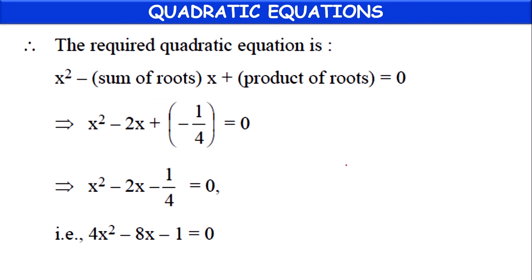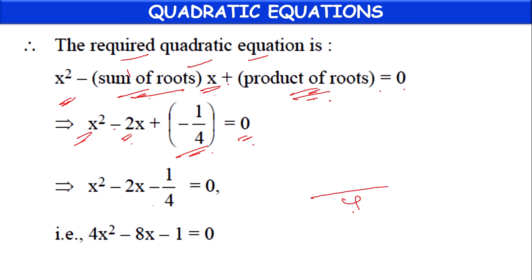Now the required quadratic equation is x square minus sum of the roots into x plus product of the roots equal to 0. X square minus, in the sum of the roots place we have to keep 2, in the product of roots place we have to keep minus 1 by 4, which is equal to 0. The LCM is 4.